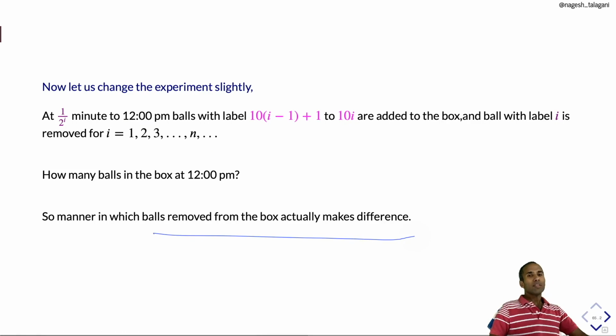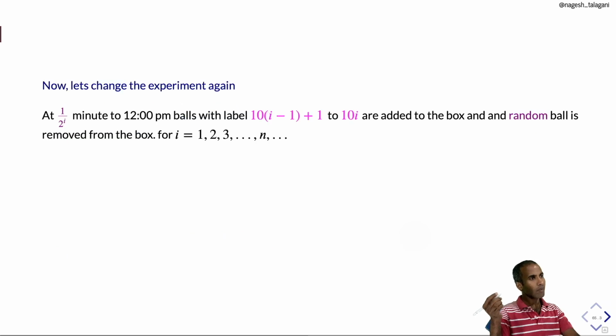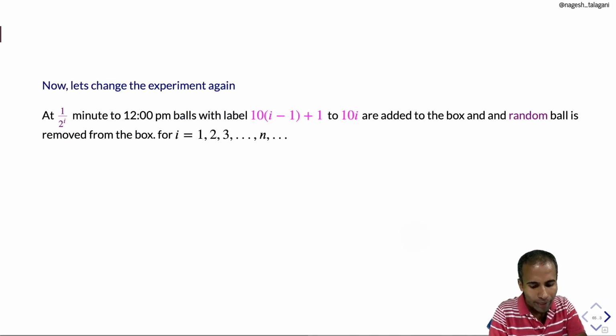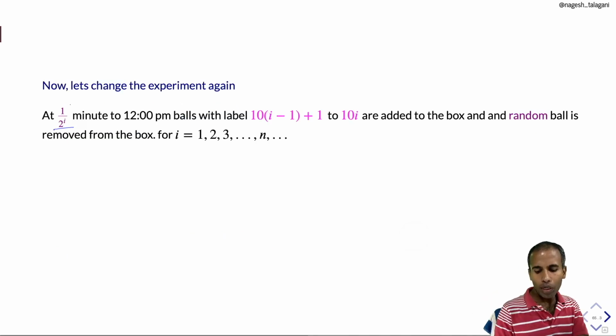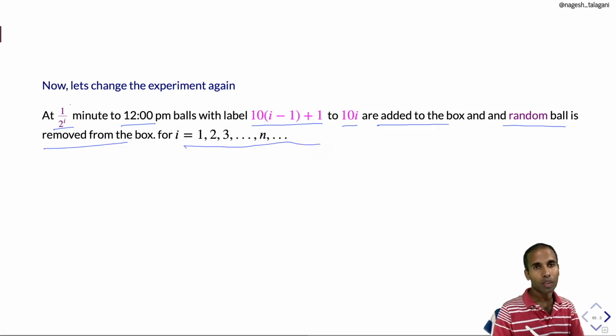Now let's make another change to this experiment. At 1/2^(i-2) minute to 12 pm, balls with the labels 10(i-1)+1, 2, up to 10i are added to the box, and a random ball is removed from the box, for i equal to 1, 2, and so on.